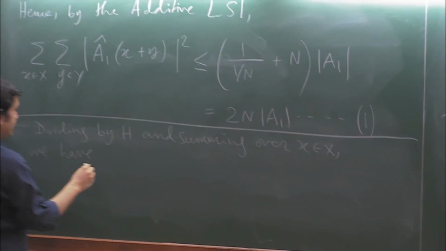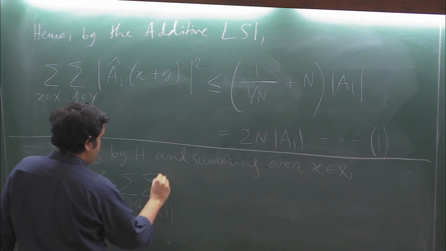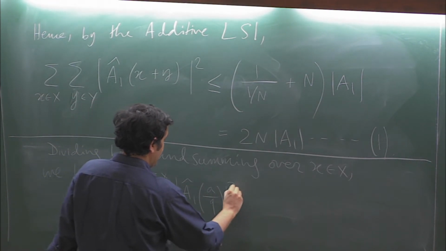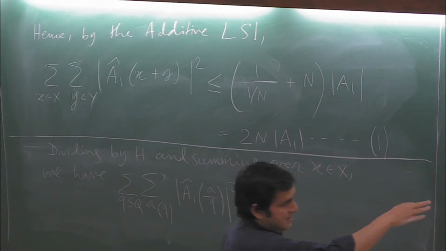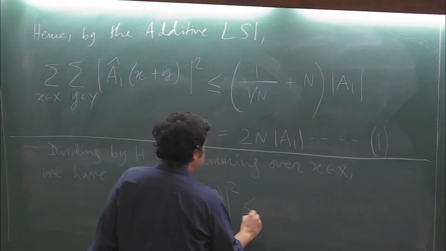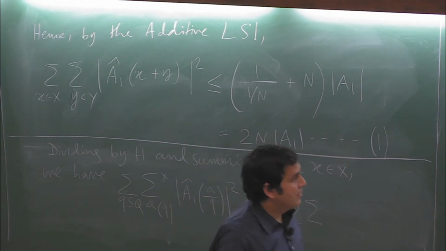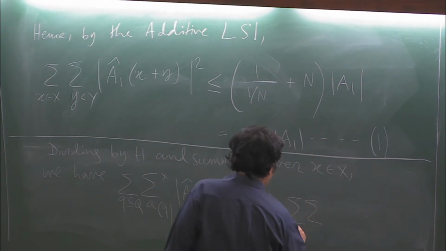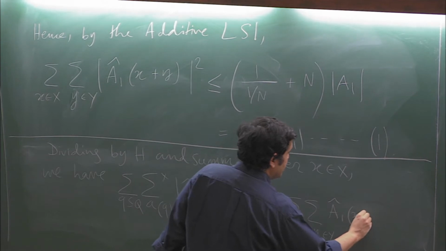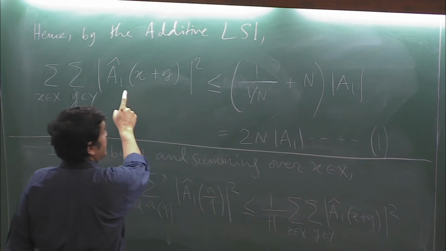So I can just write the left hand side. That's the sum over x of |A1 hat(x)| absolute value square. That is bounded by 1 upon h, and then the sum over x, sum over y, of |A1 hat(x + y)| square. But this sum is taken care of by equation 1.